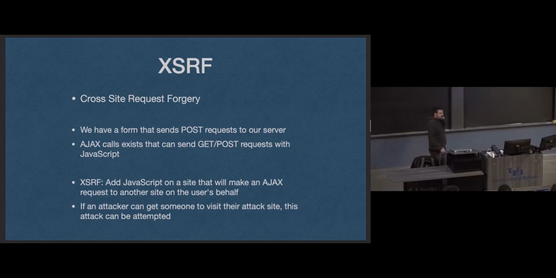Not too much of a threat right now on our specific site for the homework, but as we start building forms that do things on a user's behalf, we have a vulnerability that we have to be concerned with, this cross-site request forgery.